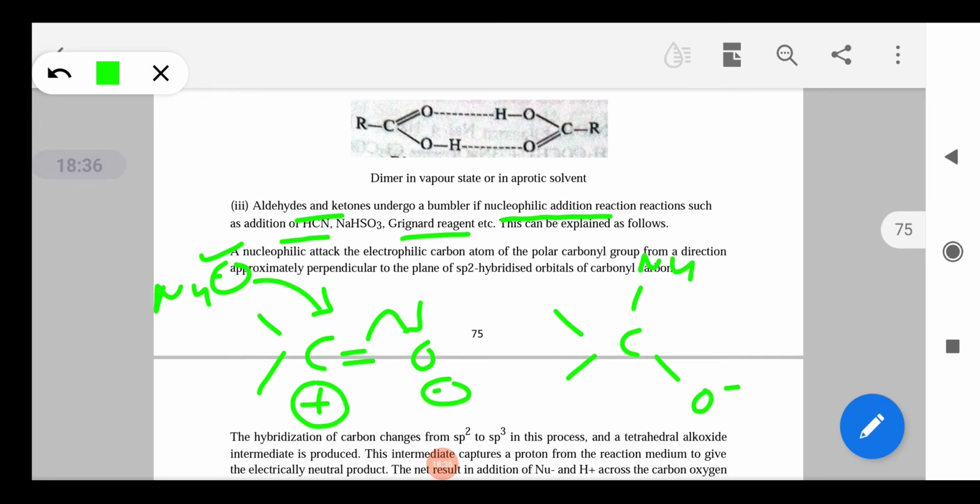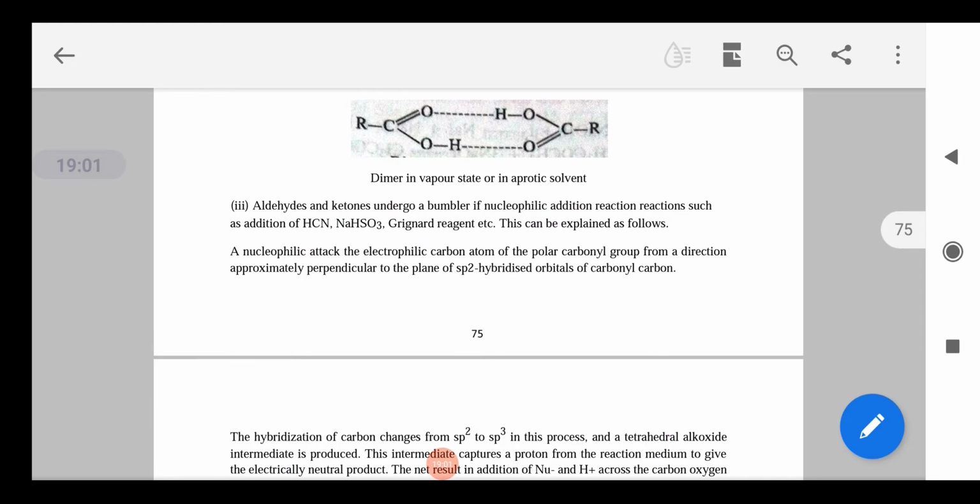Okay, and later in the second step, proton attacks and it forms a compound, OH. So this is what happens in the nucleophilic addition reaction. So aldehyde and ketones can do nucleophilic addition reaction because of the polarity of the carbonyl carbon.